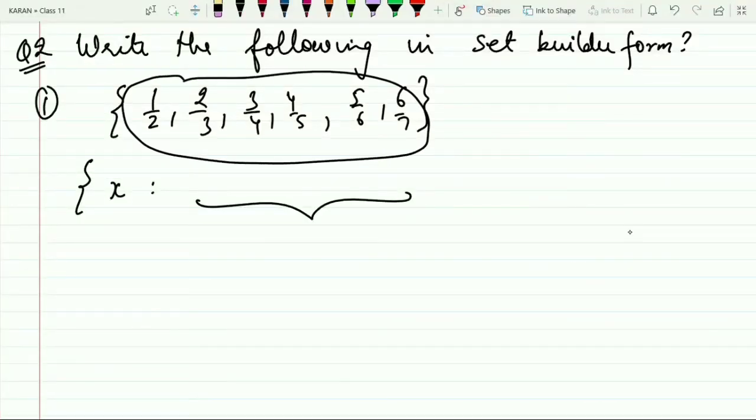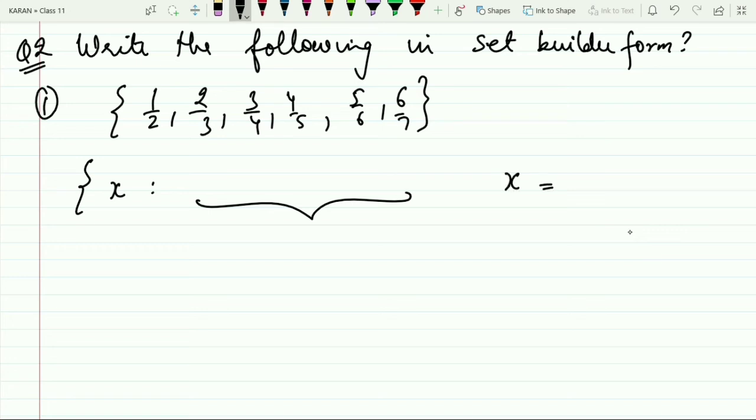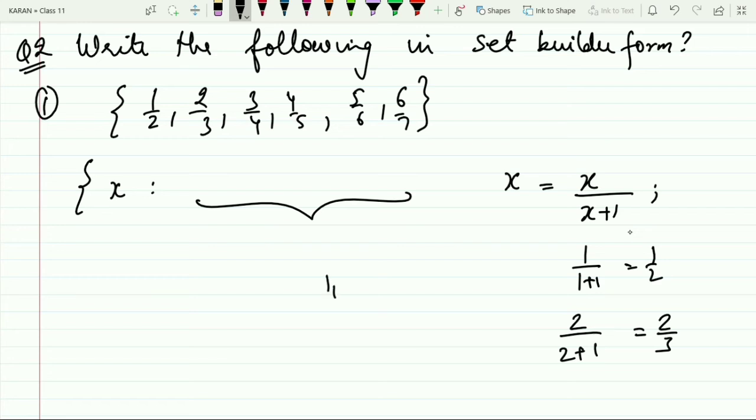So can I say that x is nothing but, see what is x? x is n upon n plus 1, right? If you choose n to be 1, this will be 1 upon 1 plus 1, that is 1 by 2. If you choose n to be 2, this will be 2 upon 2 plus 1, that is 2 by 3, right? Similarly for the other elements, but there is a condition, right? So n can be 1, 2, 3, 4, 5 and 6.